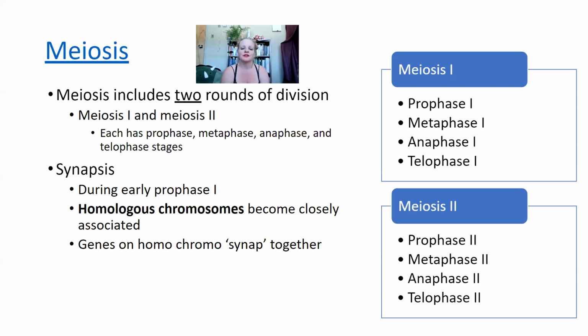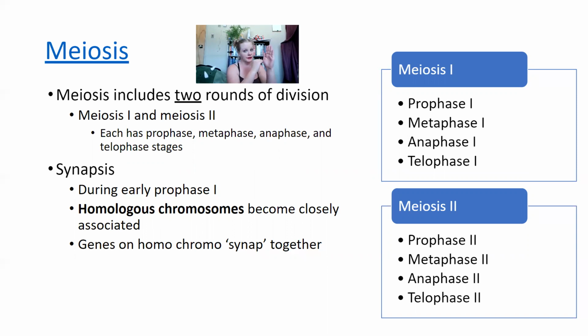All right. So the first thing that's different from mitosis is synapsis. This happens early on, and the very first thing we're going to do is pair up our homologous chromosomes. So if we get one chromosome from mom and one chromosome from dad, we're going to pair those up. They have the same genes.